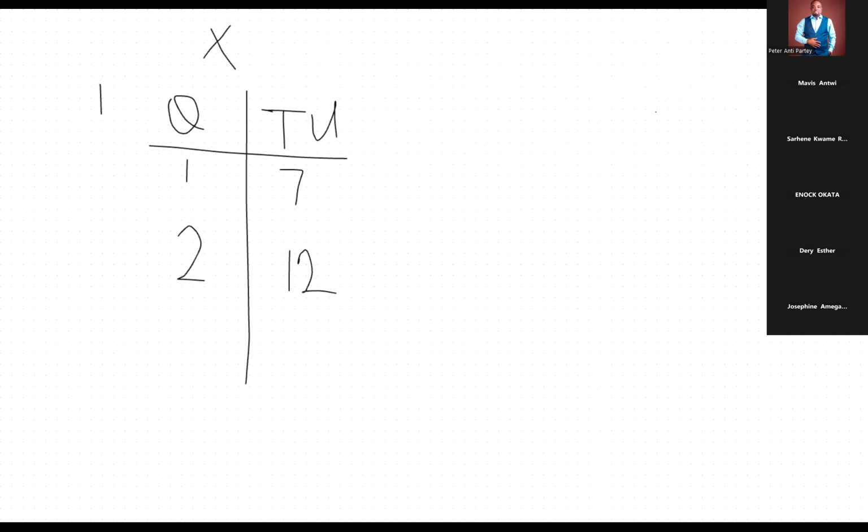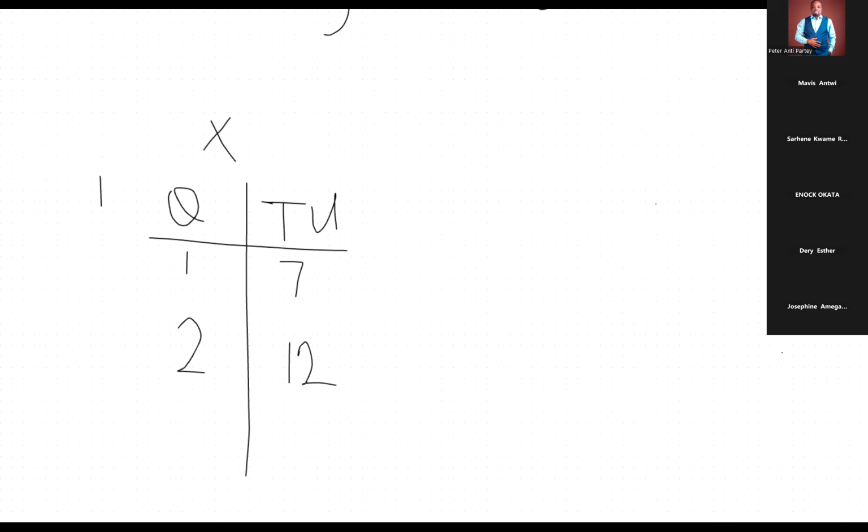That is X. And then we have Y, quantity and total utility. Quantity 1 is giving us 5 total utility.